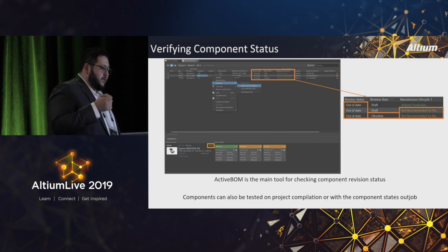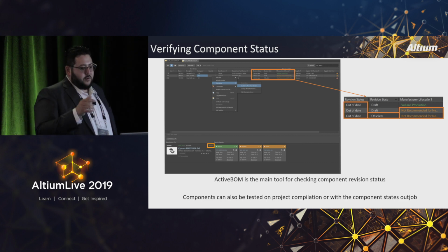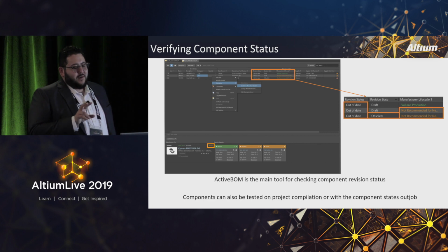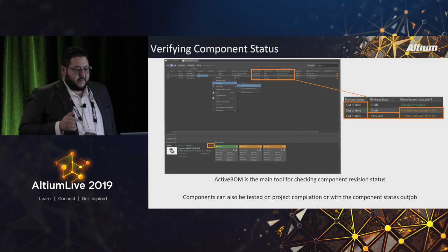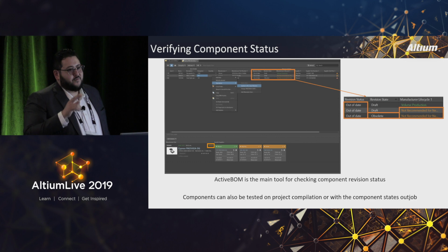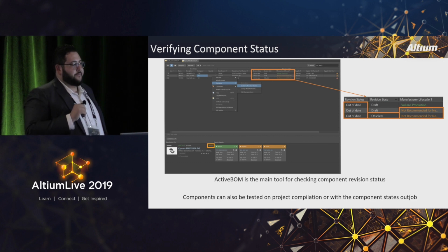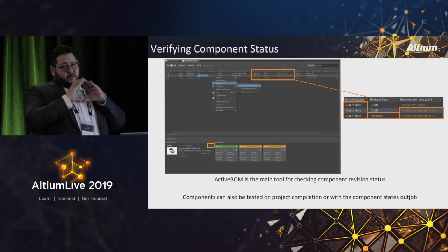Verifying component status with ActiveBOM, currently you need to add these two sections in ActiveBOM. If you right click on the columns, you can do select columns, and you could add your revision status and your revision state. So just remember to search for revision. Any time you're doing a column type thing, there's a little gemstone.